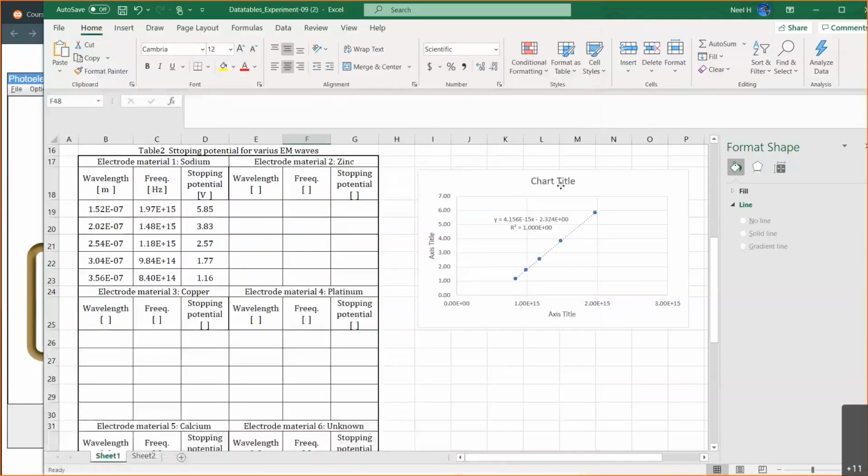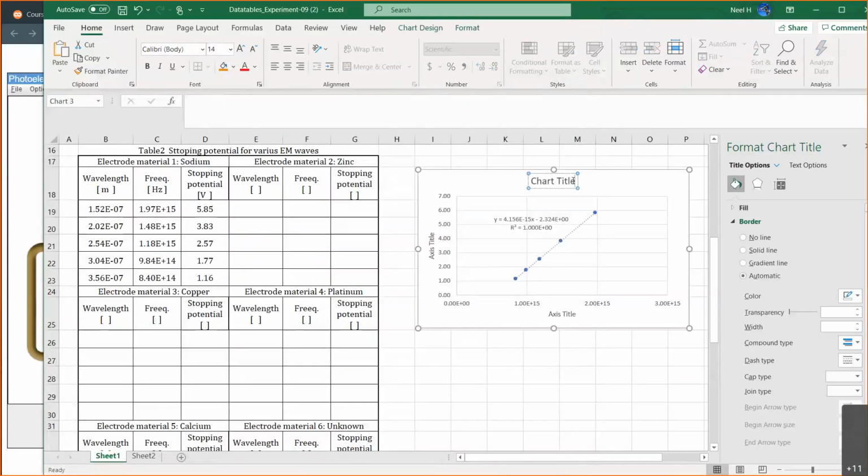Okay, now a couple of other things. Let's edit this graph a little bit. So this is frequency, this is stopping potential versus frequency. This is for sodium, right?